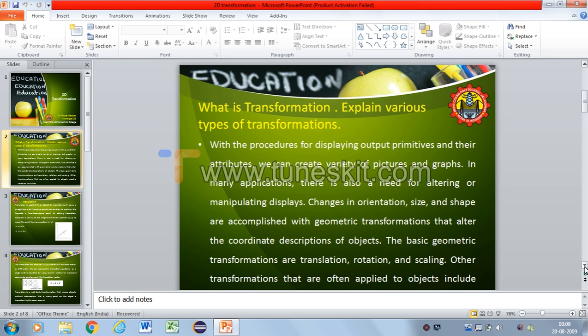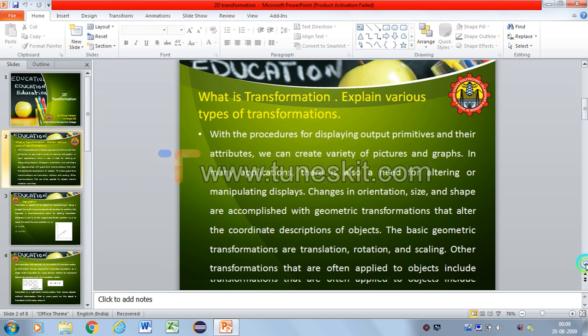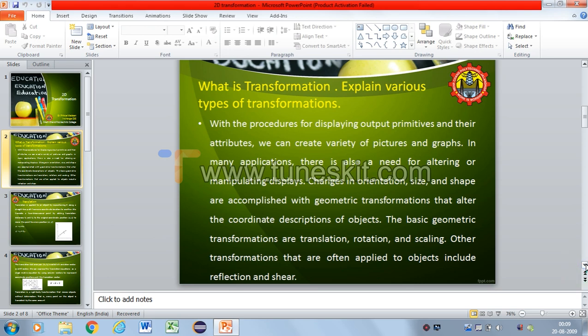Class, the basic two-dimensional geometric transformations are translation, rotation, and scaling. These are the basic. We have another two transformations that are applied to objects.